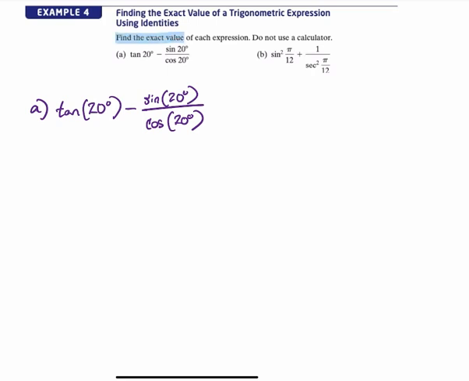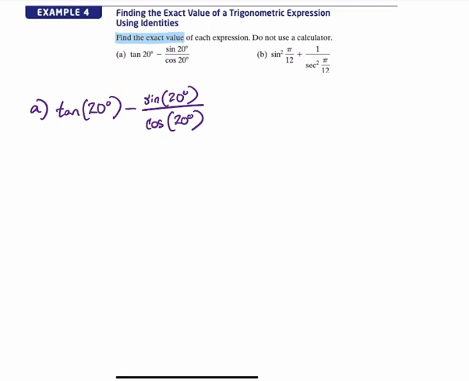We could potentially just plug all of this into a calculator and it will give us some decimal. But what we want is to avoid using the calculator and use some of these fundamental relationships in order to get an exact answer. Notice that these angles aren't our common special angles on the unit circle, but we can still use these relationships to answer these questions.